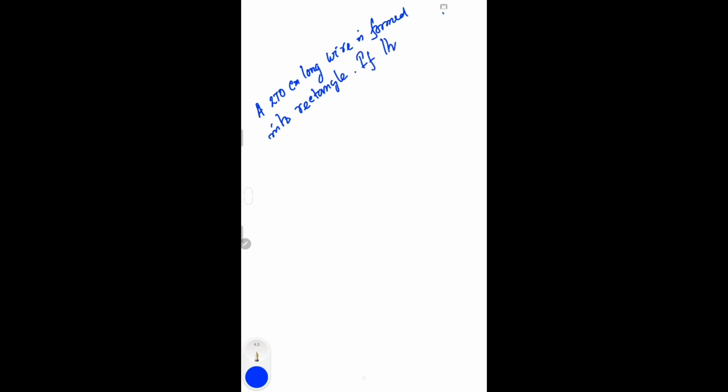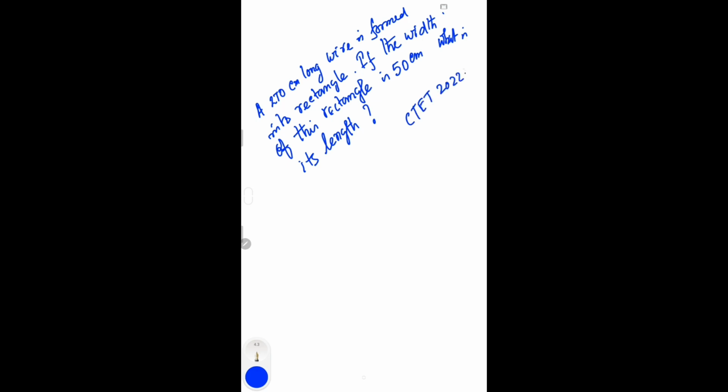If the width of this rectangle is 50 centimeter, what is its length? CTET 2022.